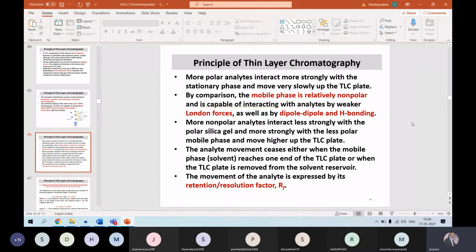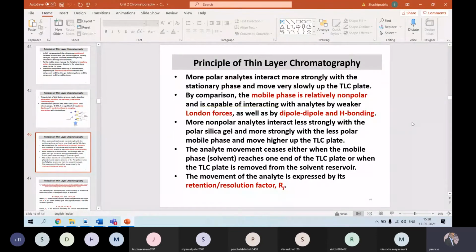They will not move with the speed of your mobile phase. So that is how differentiation occurs. When you have polar analytes and non-polar analytes together, one can see that polar analytes are retained below and non-polar analytes are taken up with the mobile phase.